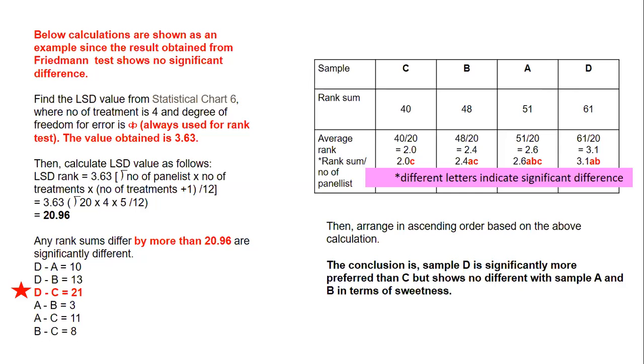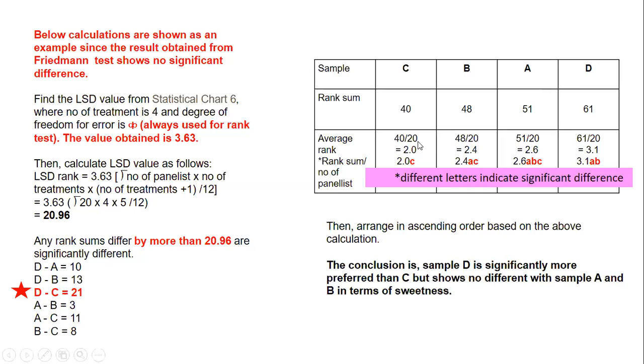Okay, but after calculation, we know that there is no significant difference. Supposedly, we have to stop. But I still proceed just to show you if there is a significant difference. Okay? So we use the same data. So after that, like in your other analysis, we always refer to the mean value.